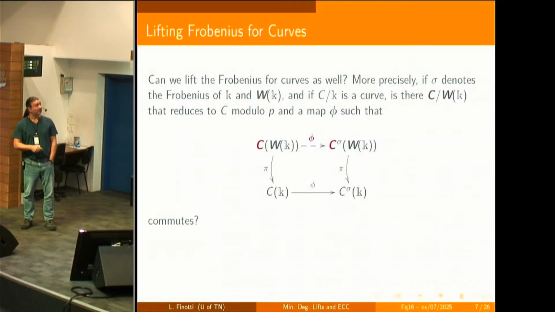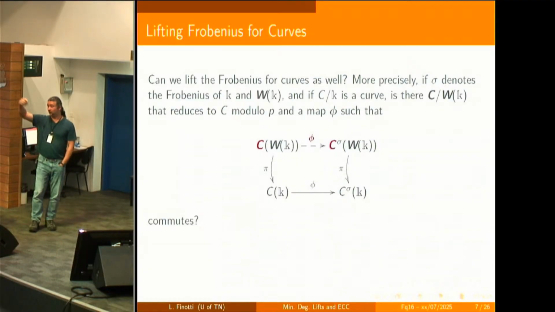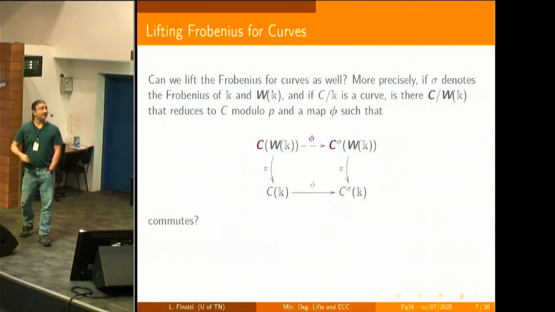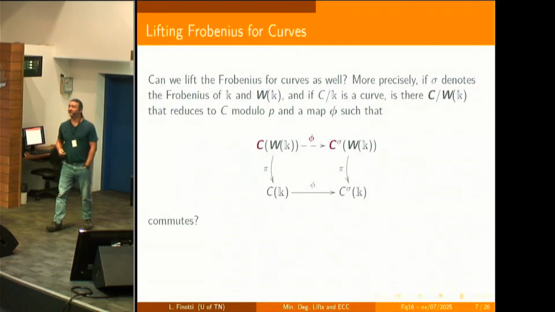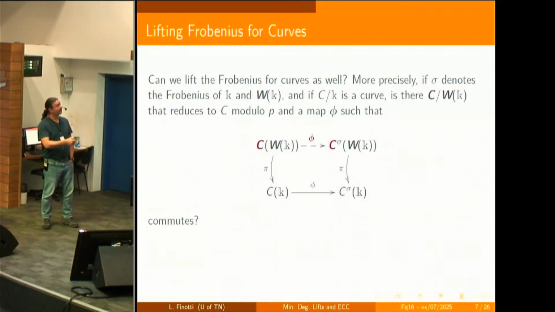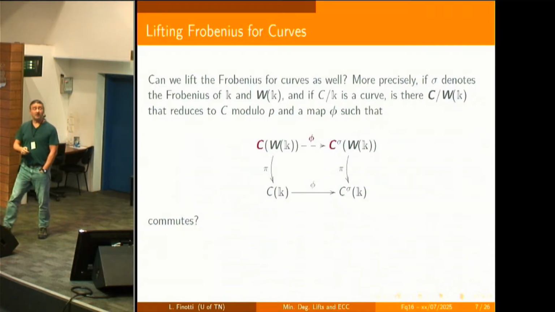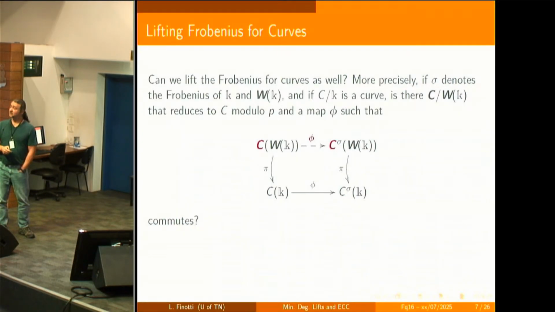Now, in here, you're applying the Frobenius in characteristic p to the coefficients of the equations defining your curve. Well, you have a Frobenius for Witt vectors. You can also apply it in here, and it's also going to reduce to the corresponding curve. So the question is, can I find this curve for which I can find a lifting of the Frobenius? So I have a morphism of curves on top in characteristic 0 that makes this diagram commute.